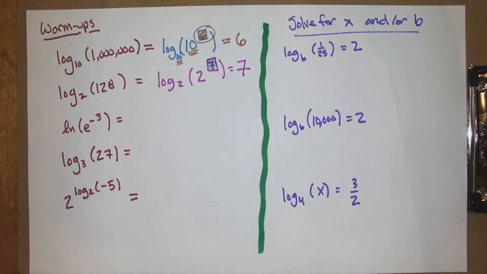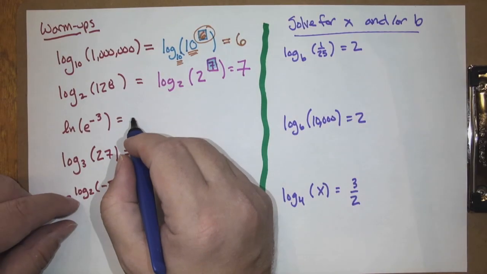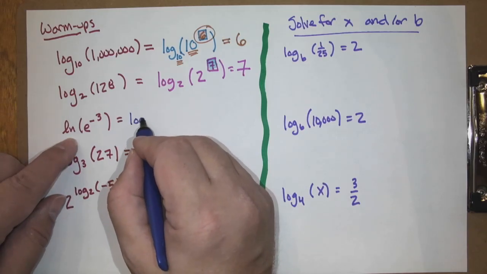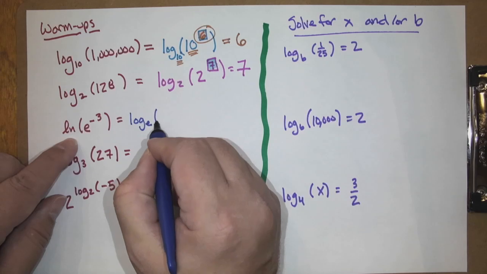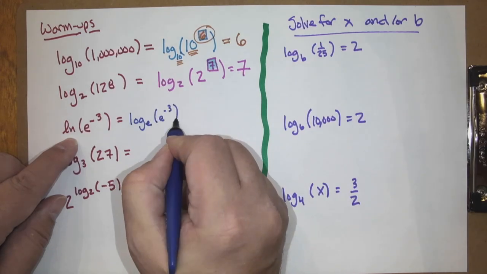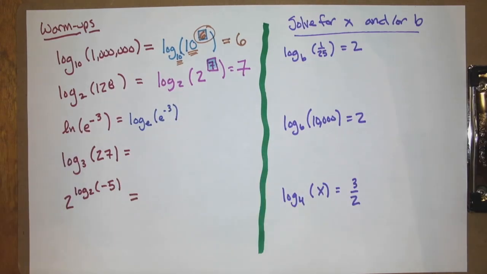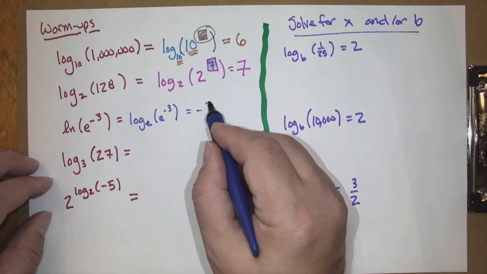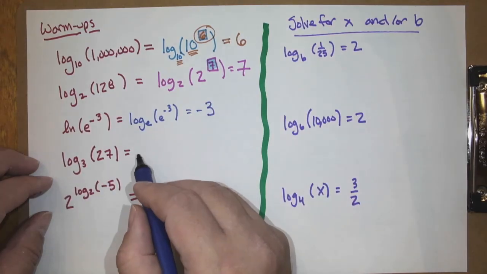ln of e to the negative 3. Don't worry, we're still in our warm-ups. What will this be? And remember that ln is the same as saying log base e of e to the negative 3. So what do we have? We get negative 3. Log base 3 of 27?